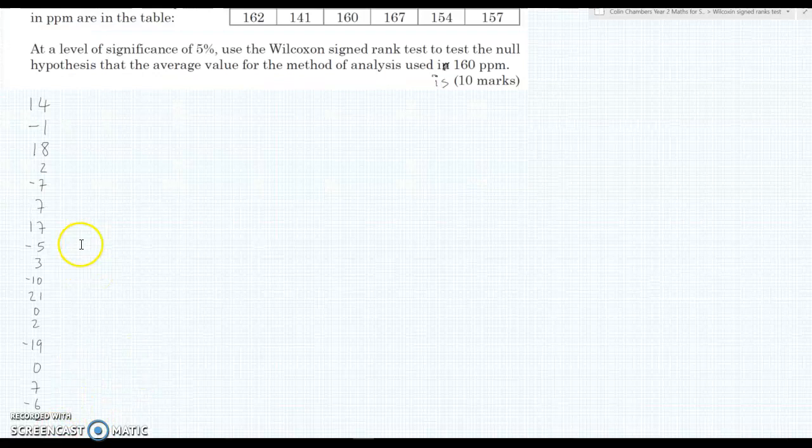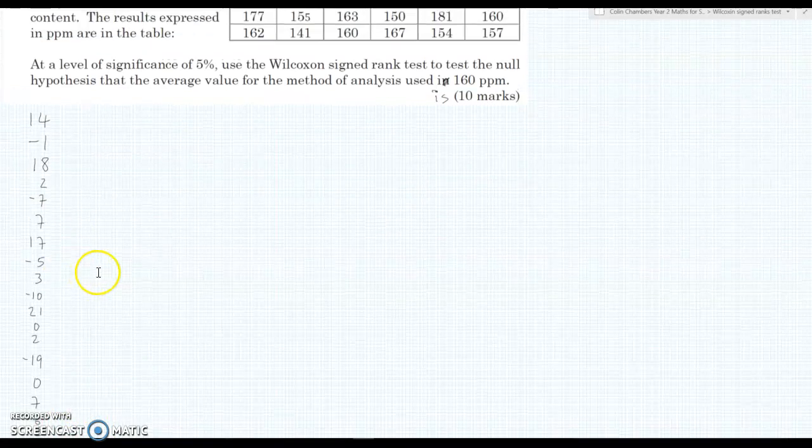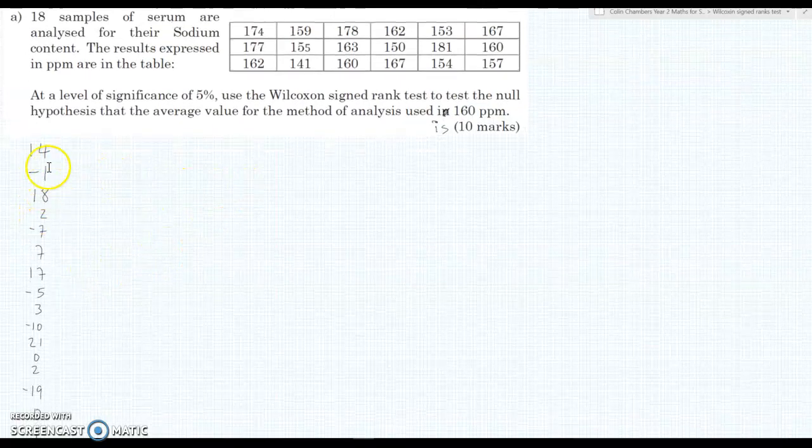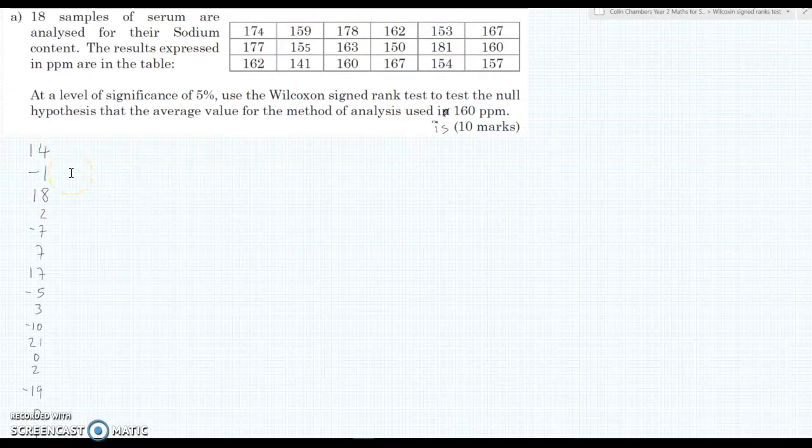So this is my table where I've taken 160 from each of these values, so now I have my differences. The column title here is differences. Next up we're going to get absolute differences, and that just means we ignore negative signs.